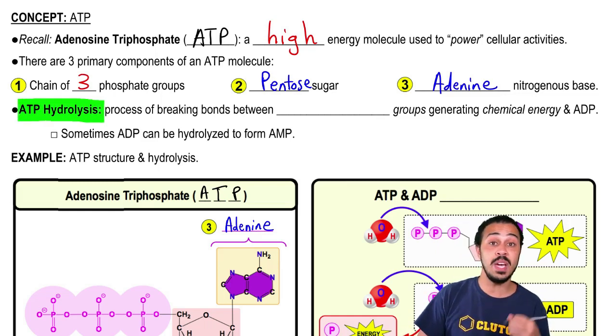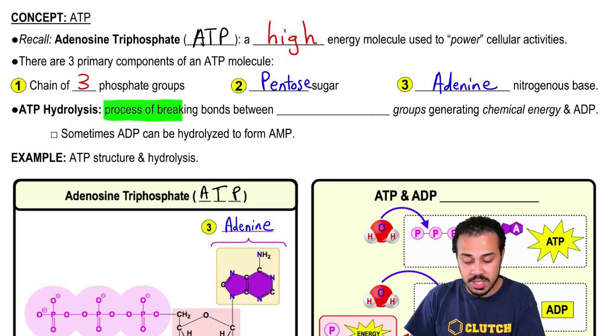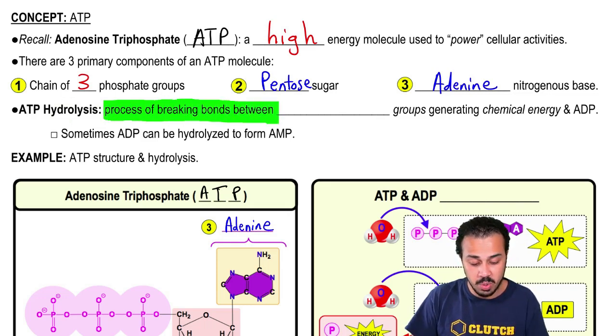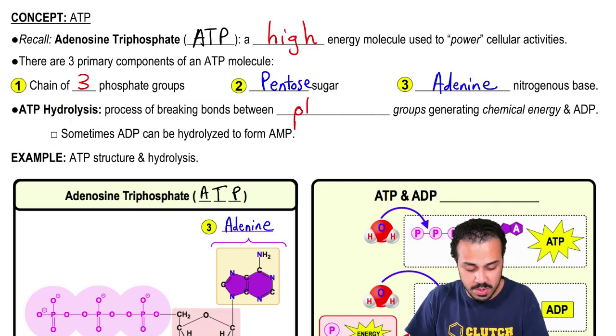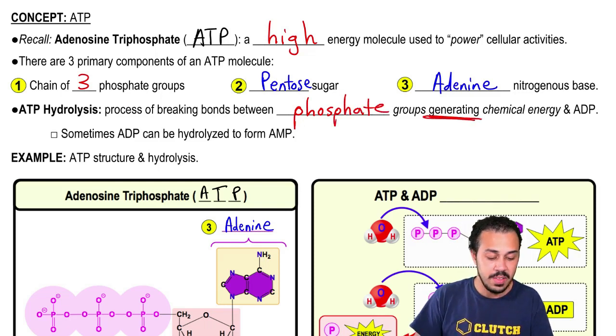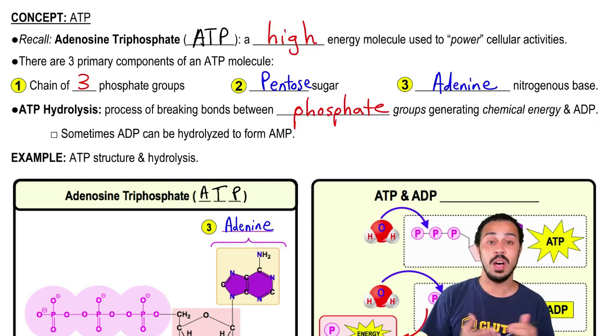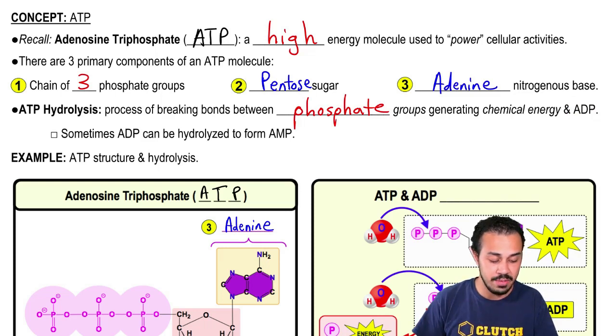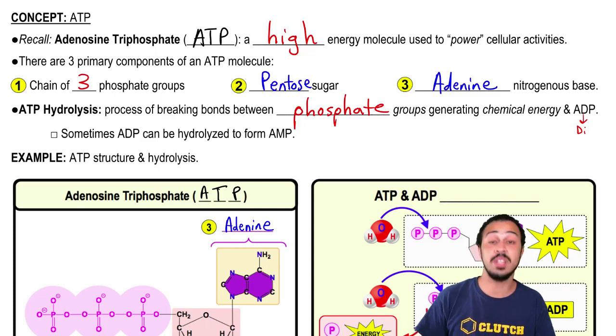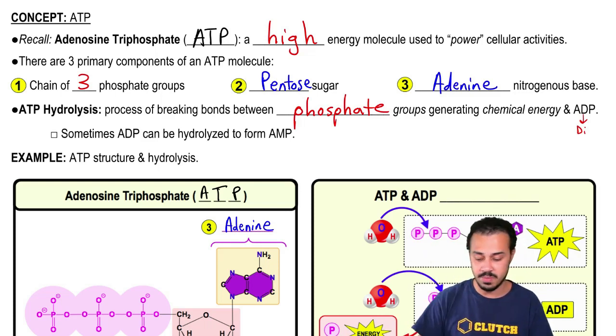And so ATP hydrolysis is the process of breaking bonds between phosphate groups in an ATP molecule that ends up generating chemical energy that can be used by the cell, as well as ADP, or adenosine diphosphate, where the D here stands for di, meaning that it only has two phosphate groups.